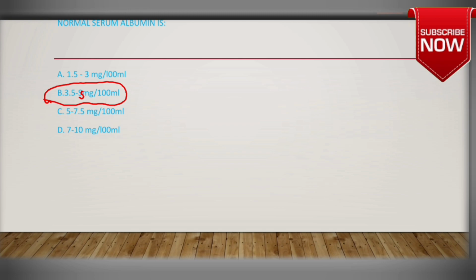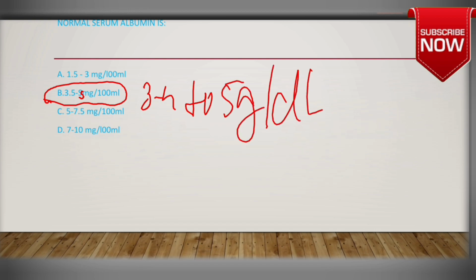The normal serum albumin is 3.4 to 5 gram per deciliter. Increased albumin in conditions like diarrhea and metastatic carcinoma. Decreased in conditions such as acute infection, ascites and alcoholism.